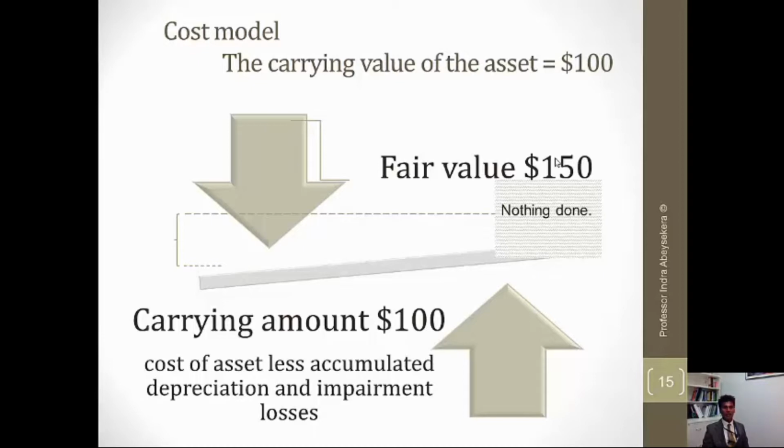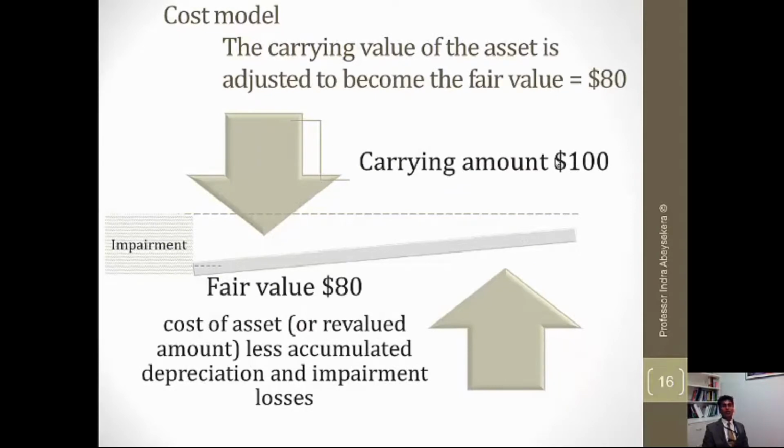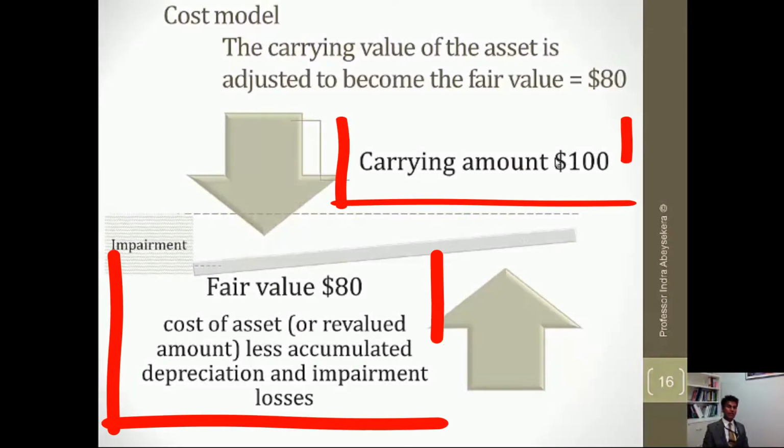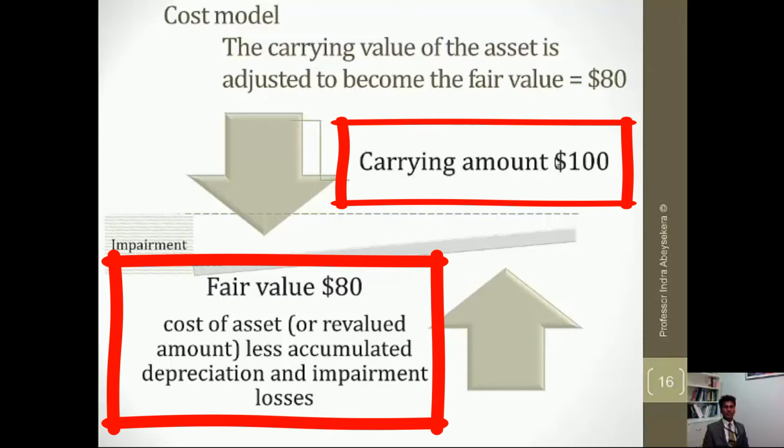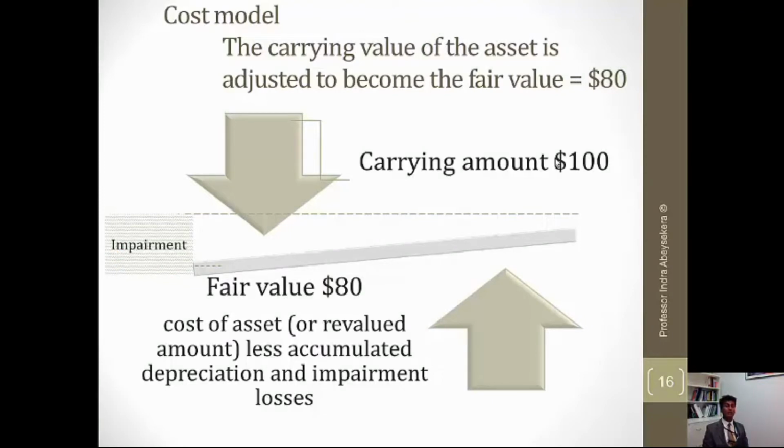We come up with the carrying amount and we go on with that. When there's a decrease, let's say our carrying amount after depreciation is 100, but the fair value or the market value is 80, then we must decrease to match the market value. That decrease is called impairment.